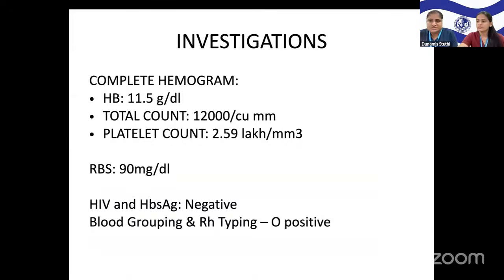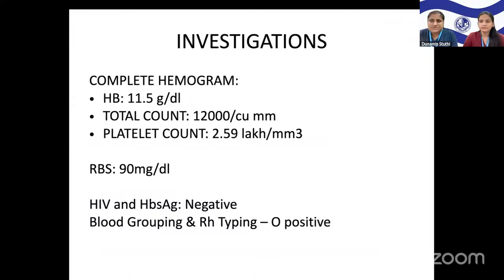What hemoglobin criteria do you follow while labeling the patient as anemic or normal? Hemoglobin levels in different trimesters? In the first trimester, the hemoglobin level will be around 11 to 12 gram per dl, which is considered normal. In the second trimester, it is around 10.5 to 11, and in the third trimester, 10 to 11 is considered normal.